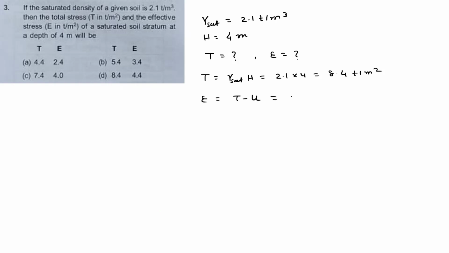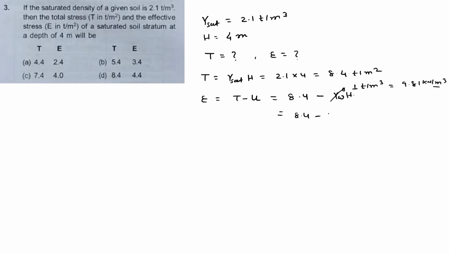That is 8.4 minus pore water pressure, which is gamma w into H. In ton per meter cube, gamma w is 1 ton per meter cube, which is 9.81 kilonewton per meter cube, we can take it as 1.